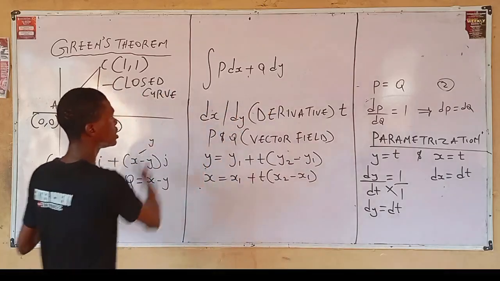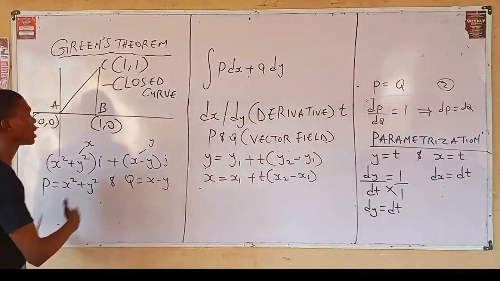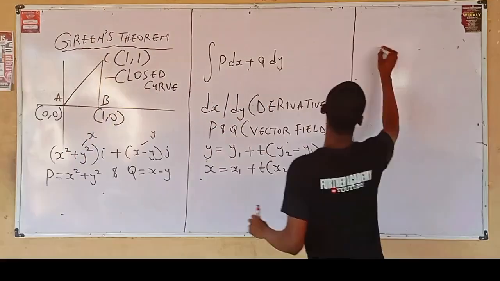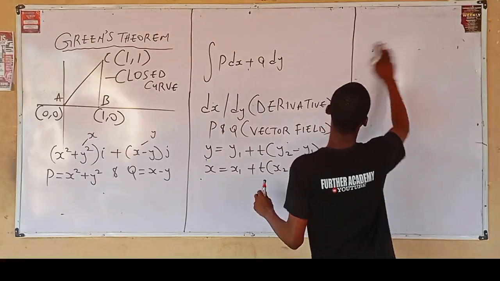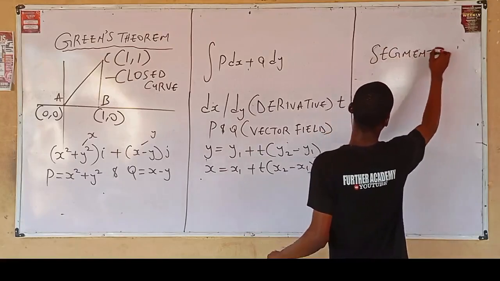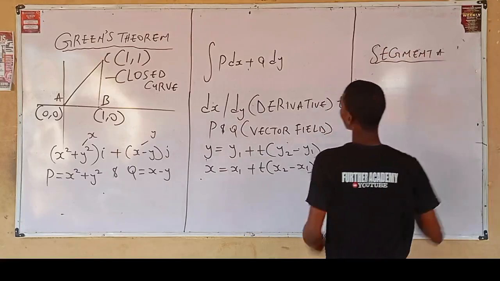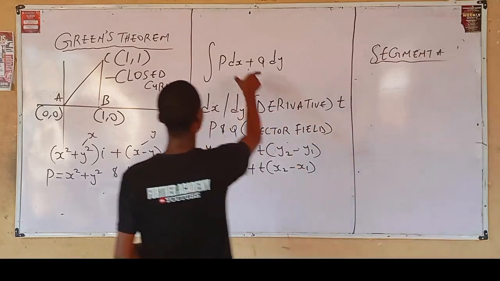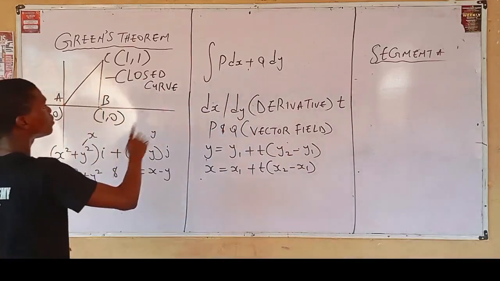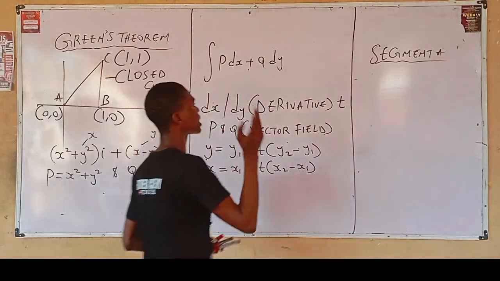Alright, with that being said, let's see how we can apply line integral to each segment. Segment A. Applying line integral to segment A, I'm using this formula. I need P, Q, the x and the y.